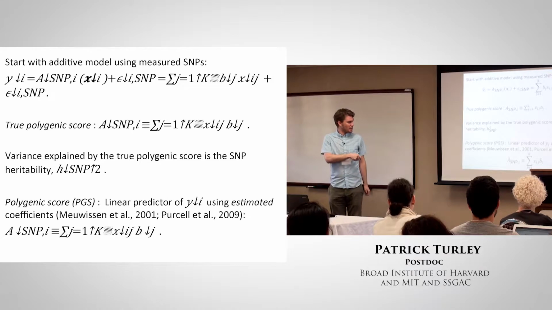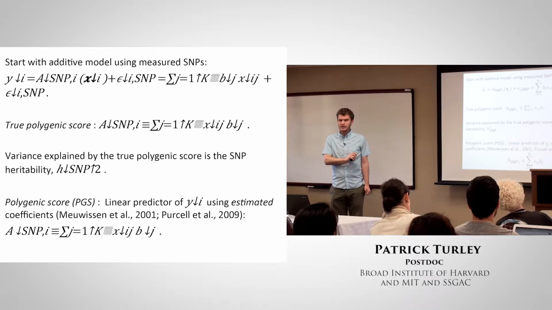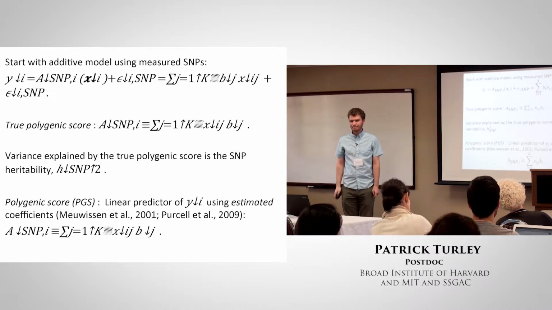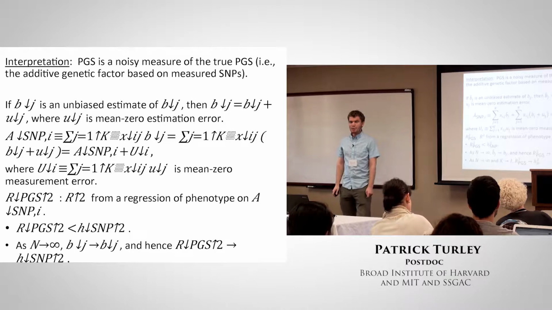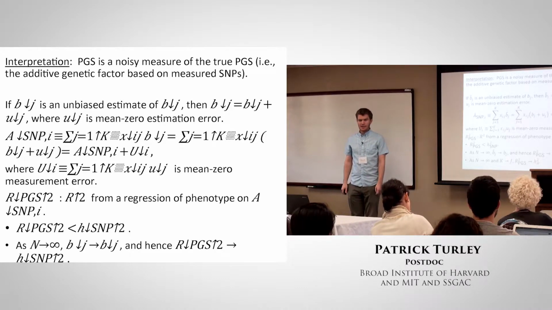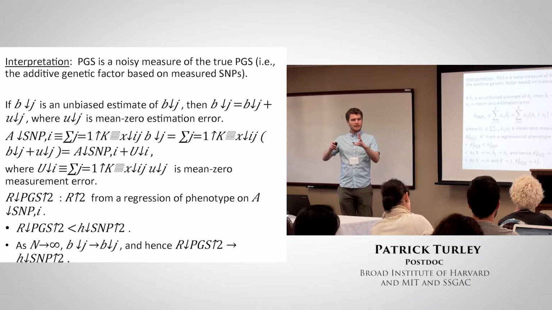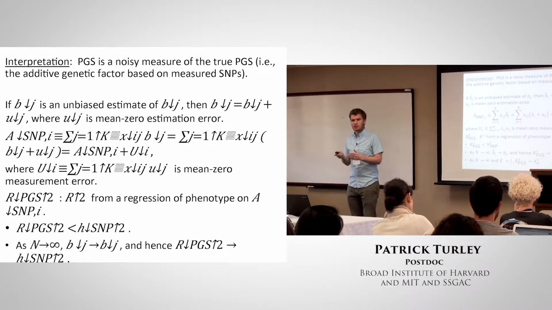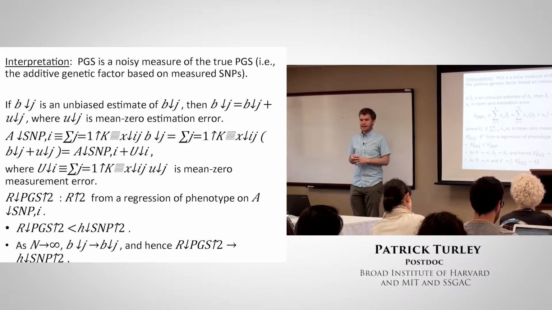So if I say the polygenic score, I'm going to substitute in estimates for these weights and take this linear combination using these estimates. Now the problem with this is that the polygenic score is going to be a noisy measure of what we're considering the true polygenic score. And this is going to lead to our scores not being as predictive as the SNP heritability would imply.